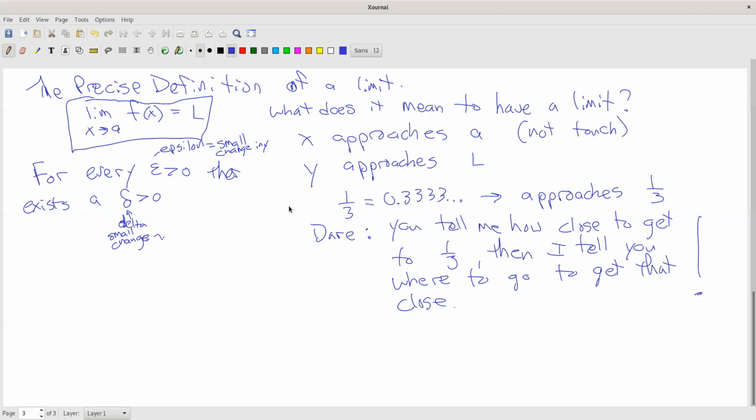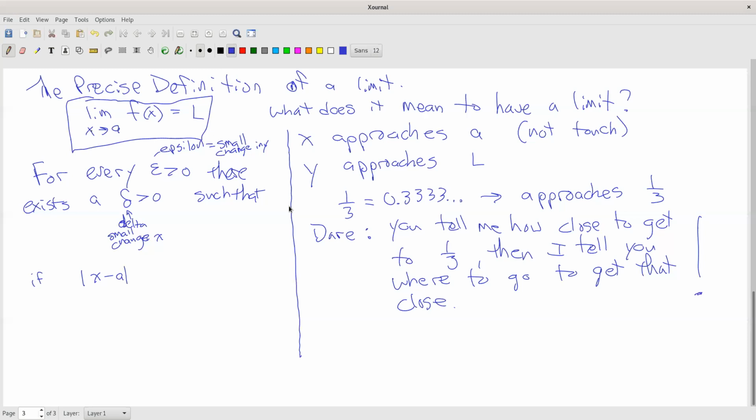So you're getting the annotated definition here. Greater than 0. Such that, if the difference between x and that number a I'm approaching, right?